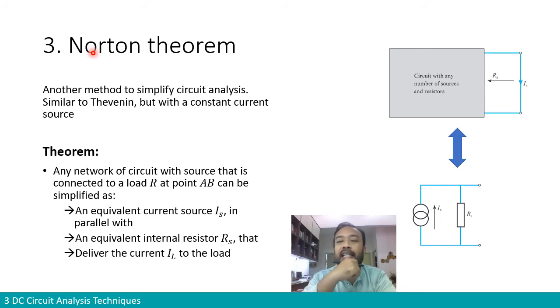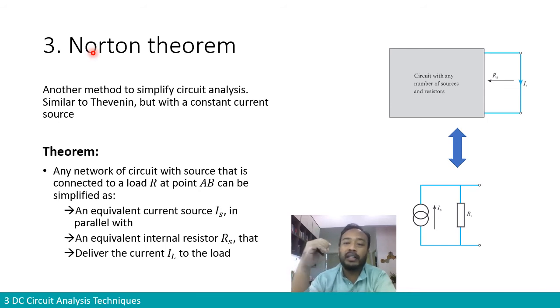So what is the interest of considering it as either voltage sources or current sources? The decision on whether you want to do Thevenin theorem or Norton theorem depends on what analysis you want to do on the load.